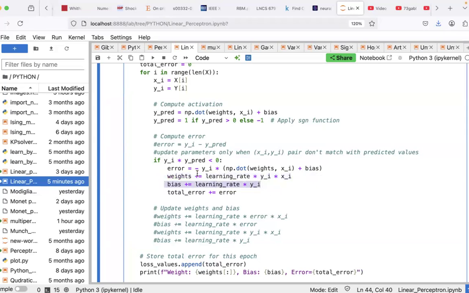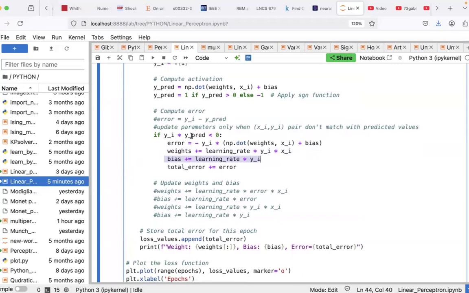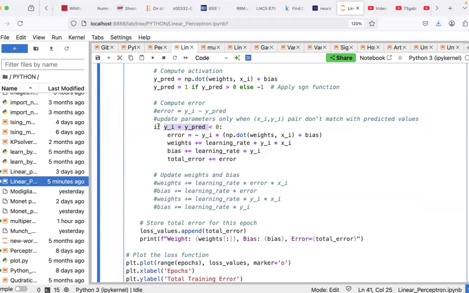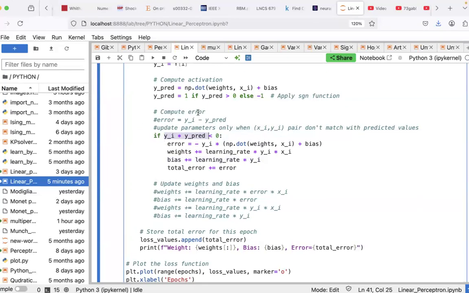And this correction of the weights and bias is only done when we misclassify a given data point. Otherwise, we don't do anything, and this is repeated until eventually this error goes to 0.